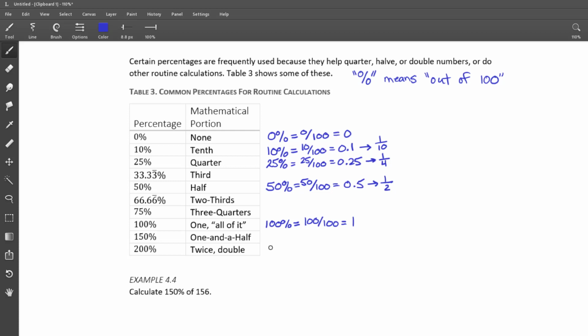Looking at 200%, that's twice or double, so we can see that clearly when we look at 200 divided by 100, which is what 200% means, and that equals 2. So if you multiply something by 200%, what you're doing mathematically is multiplying it by 2, doubling it.